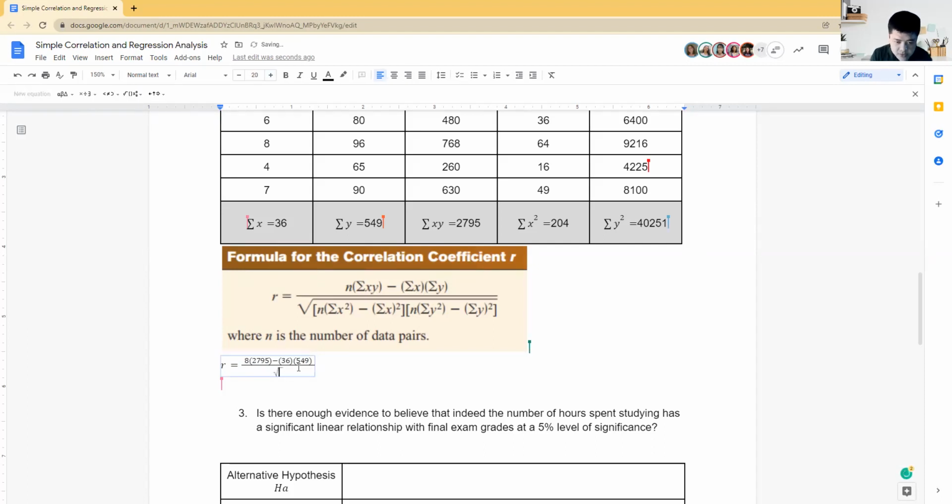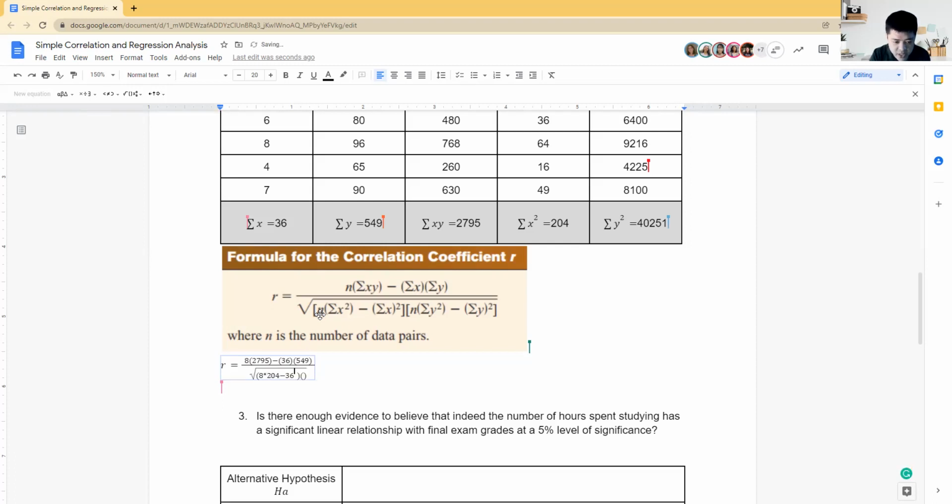the square root of, medyo mahaba to, dalawang parentheses to na kailangan natin i-multiply. For the first parenthesis, that's n, so that's 8, times summation of x squared, it's 204, minus summation of x, which is 36, and then you have to square it. So, take a look at this formula, ha. Iba yung summation of x squared sa summation of x, tapos square natin.